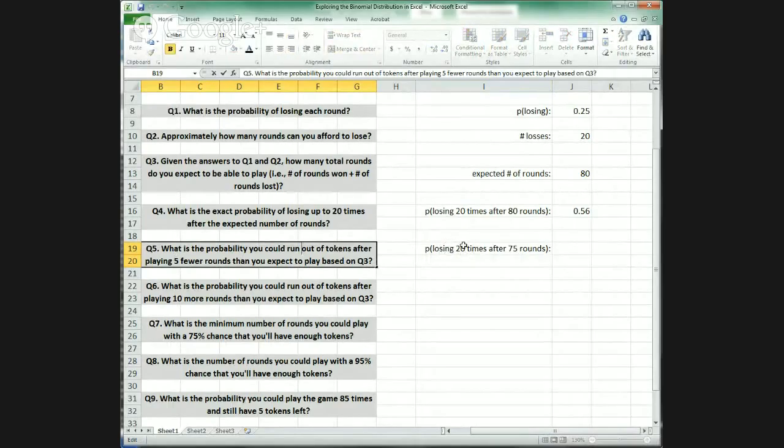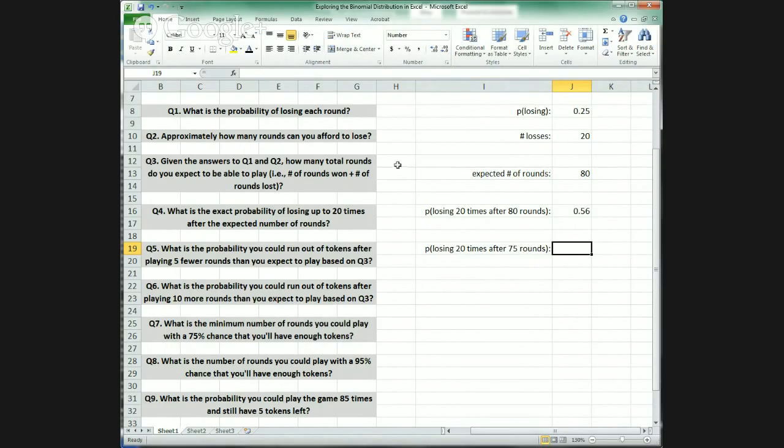So running out of tokens would be losing 20 times after playing 5 fewer rounds than you expect to play based on Q3, which is 80 rounds, so 75 rounds.